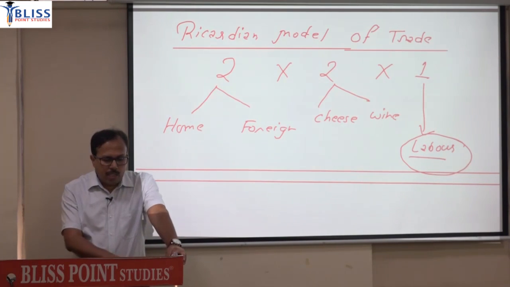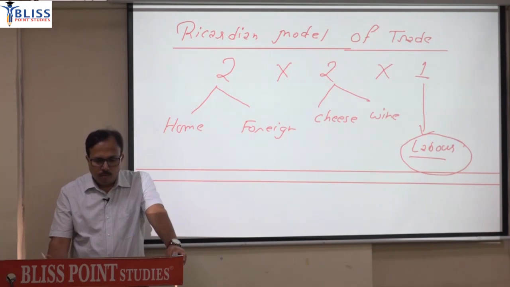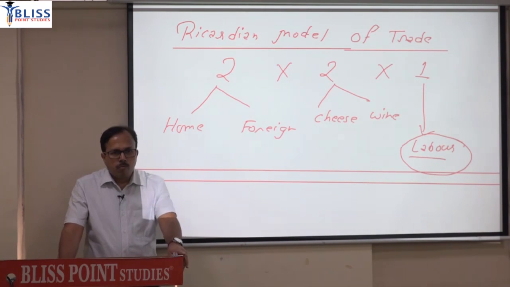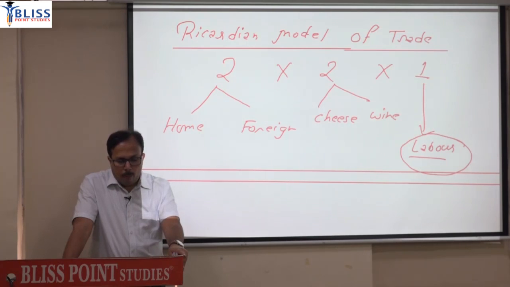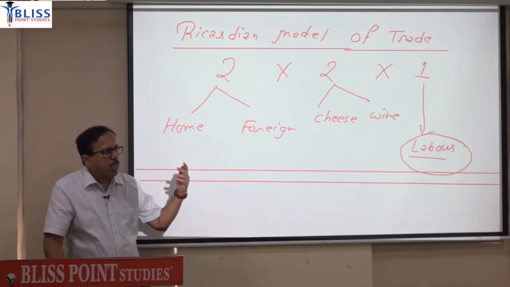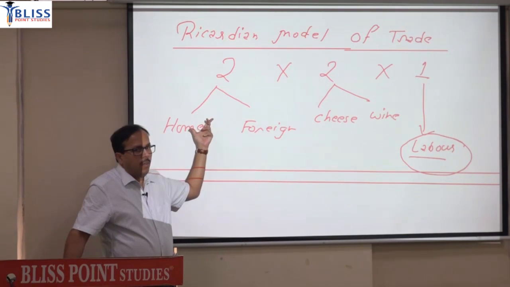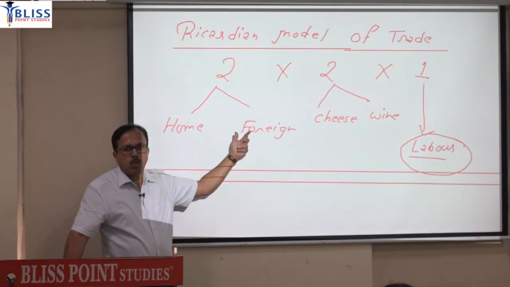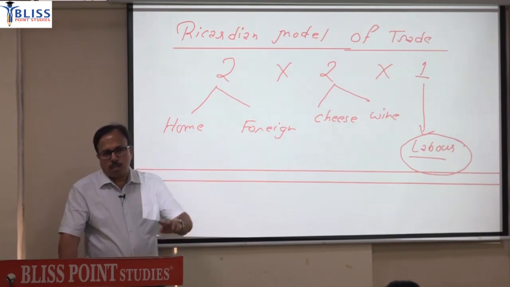This model of international trade is referred to as 2 by 2 by 1 model. So no need to elaborate that. 2 means we are referring to two countries producing two products by using one factor of production.